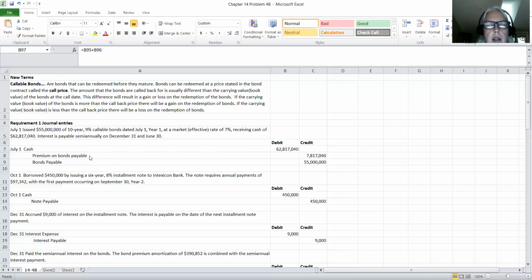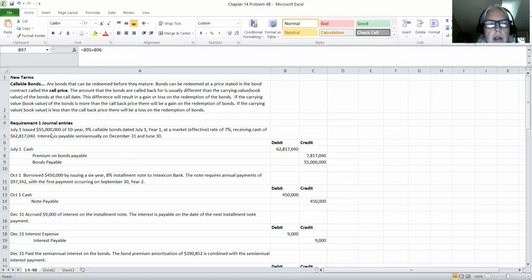And we're going to put that in the premium account. Notice on July 1st that we debited cash for $62,817,040. That was what was given in the requirements for the July 1st entry. The bonds payable is always going to be credited for the face value of the bonds.